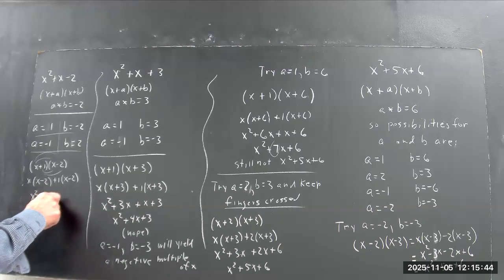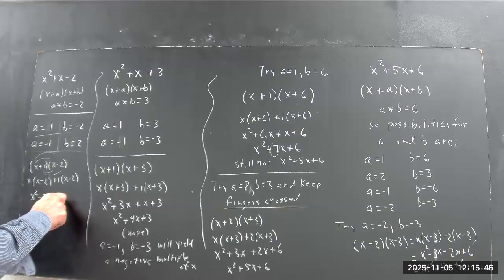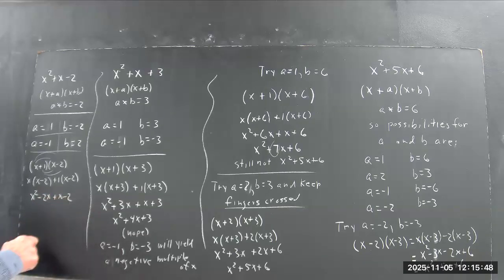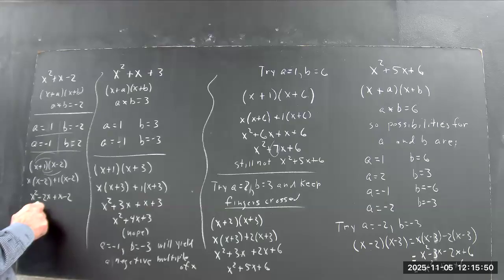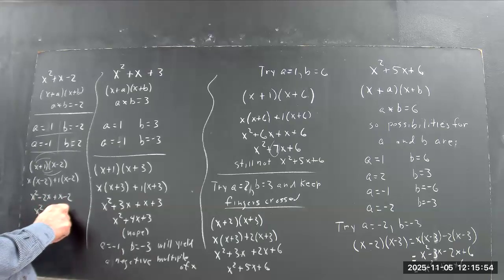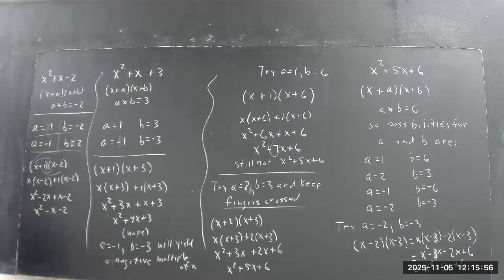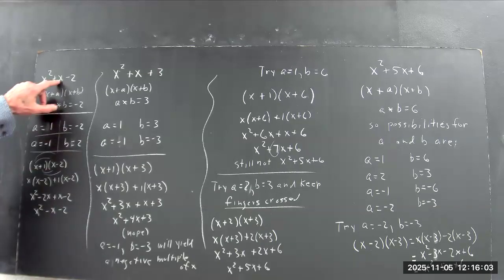Anyhow, that gives x squared minus 2x plus 2 plus x minus 2, which is minus 2x plus x is minus x. Well, that works out just great, except for the minus sign on the x. So this doesn't match this.